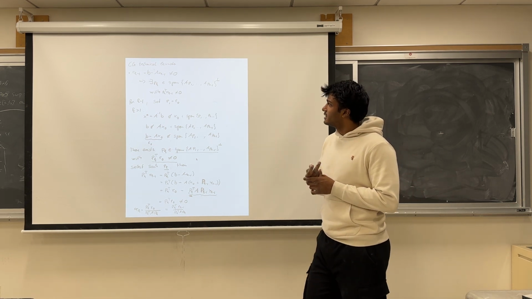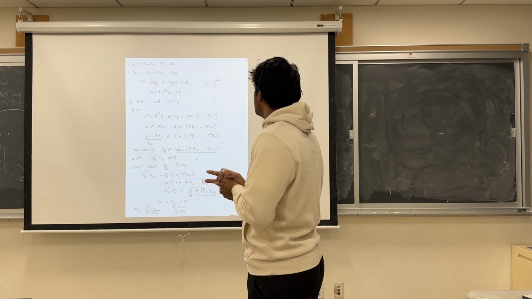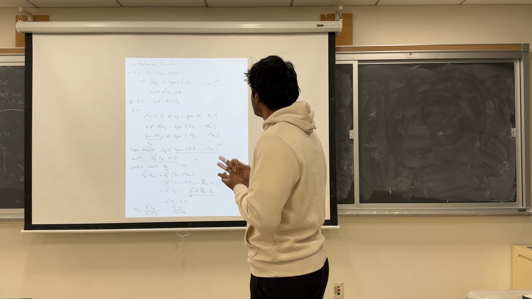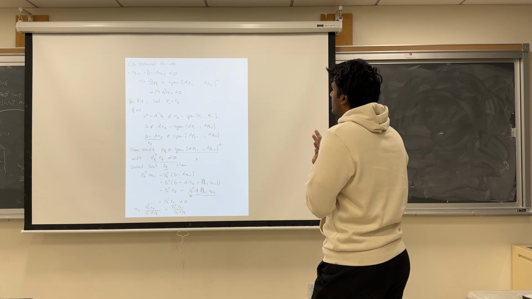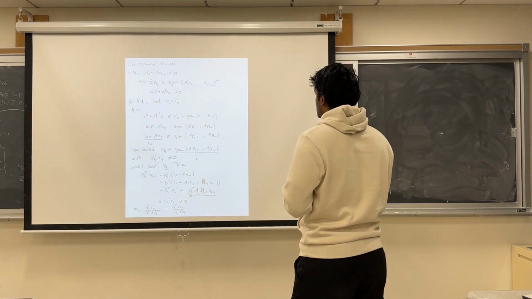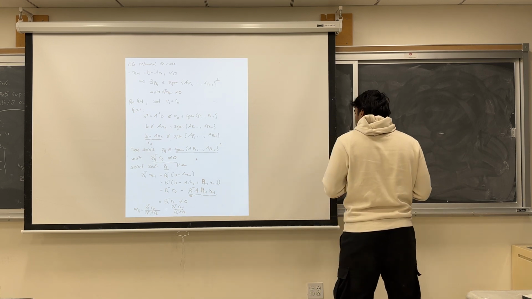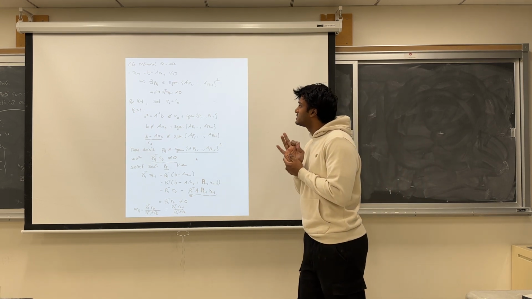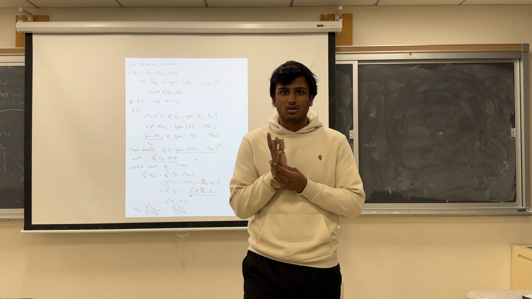let me see some technical stuff here. P_k is in the span of this such that P_k transpose R_{k-1} is not 0. That is, P_k is not orthogonal to R_{k-1}.